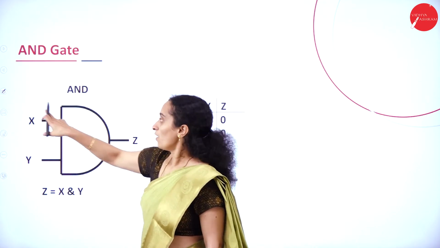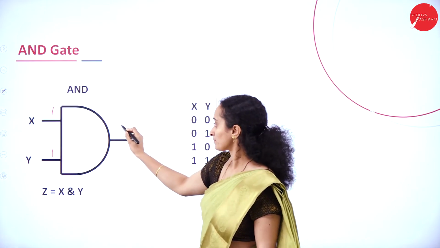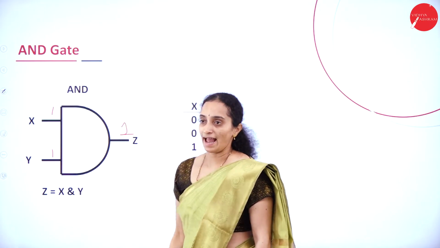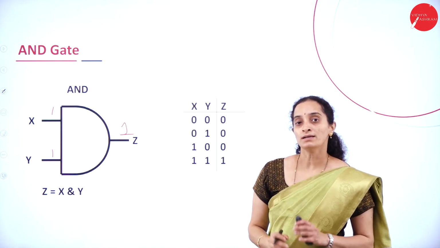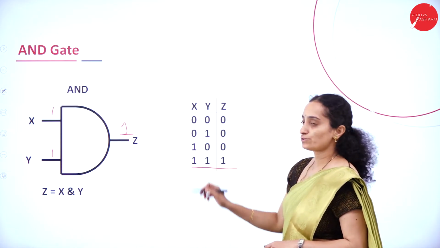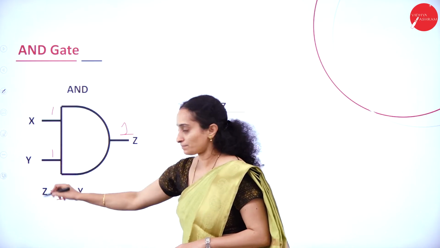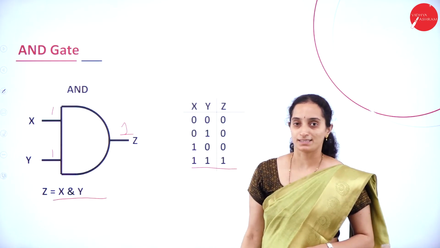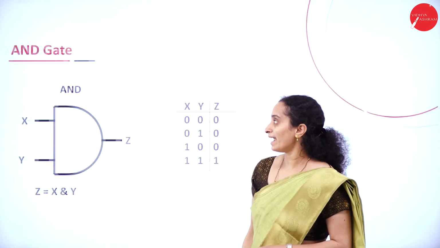If both the inputs are 1, then the AND gate is producing 1, isn't it? So we have the truth table along with the gate representation. Alright, this is the AND gate.